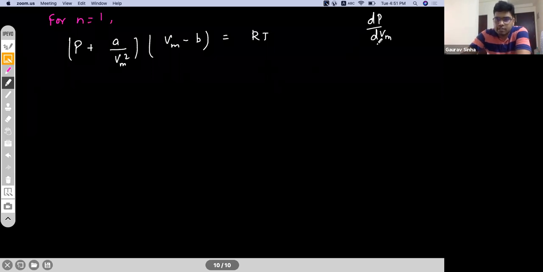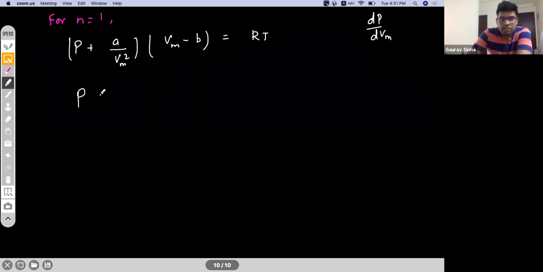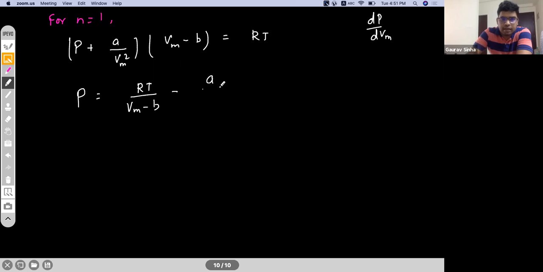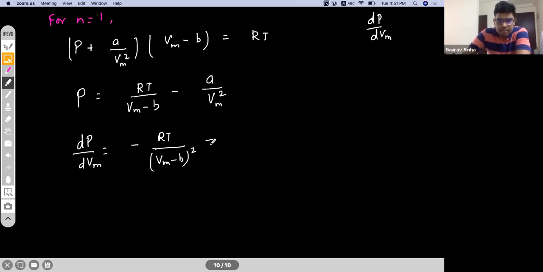We need to find this, and in order to do that, we first write down the expression of pressure. Pressure is equal to RT by (Vm minus b) minus a by Vm square. Then we write dP by dVm. It is minus RT by (Vm minus b) square, plus 2a by Vm cube.